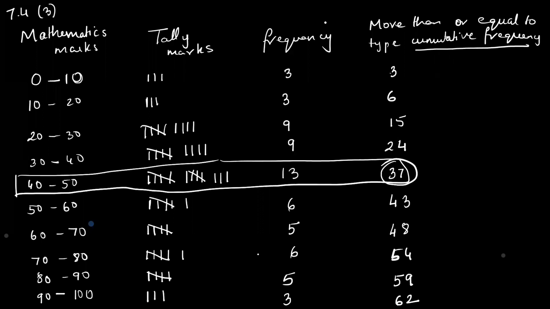No, less than 90. Not less than 100. If I say less than 90, that means these many people have scored less than 90, no? 59. Okay, I'll change the question. How many people have scored less than 70? 48.